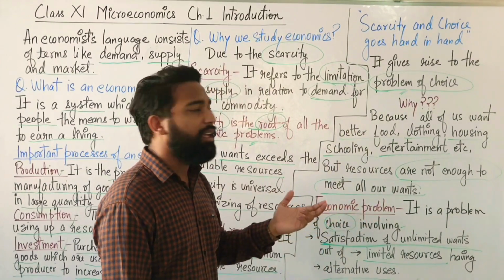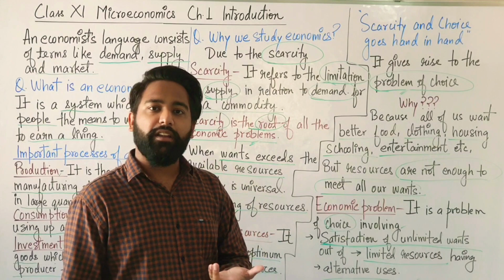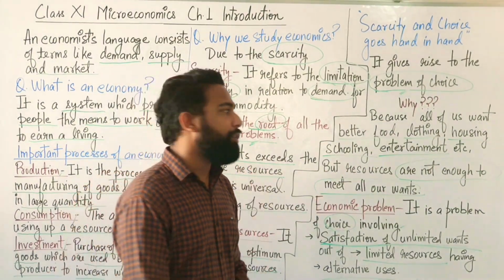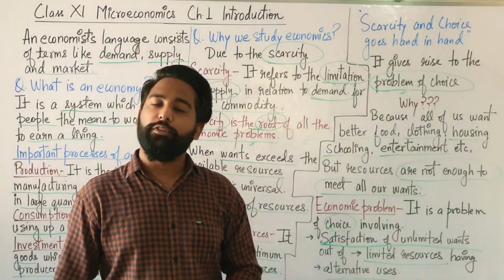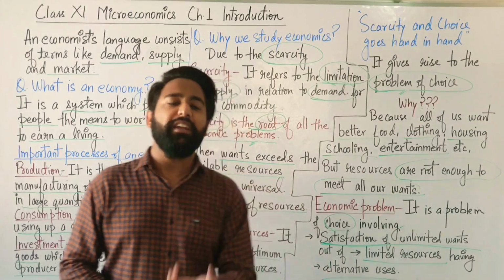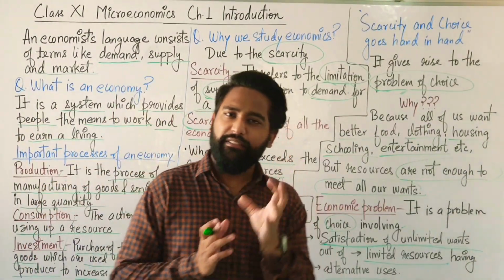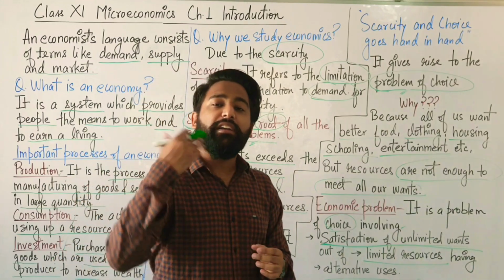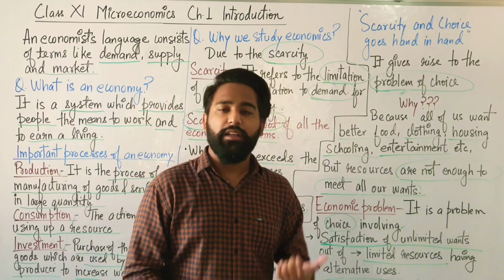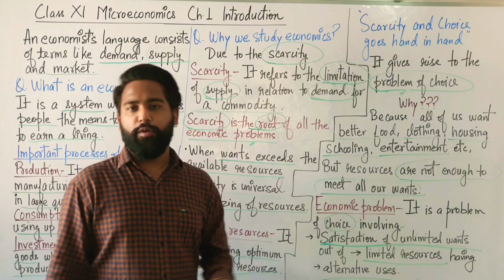One person will spend the 100 rupees on an internet pack. One person will use that 100 rupees for watching a movie. One person will use that 100 rupees at a fast food corner and eat the food. So there are differences. People spend differently. Understand? So that 100 rupees has different uses. We can use alternative things with that 100 rupees, with that resource. So this is the economic problem.